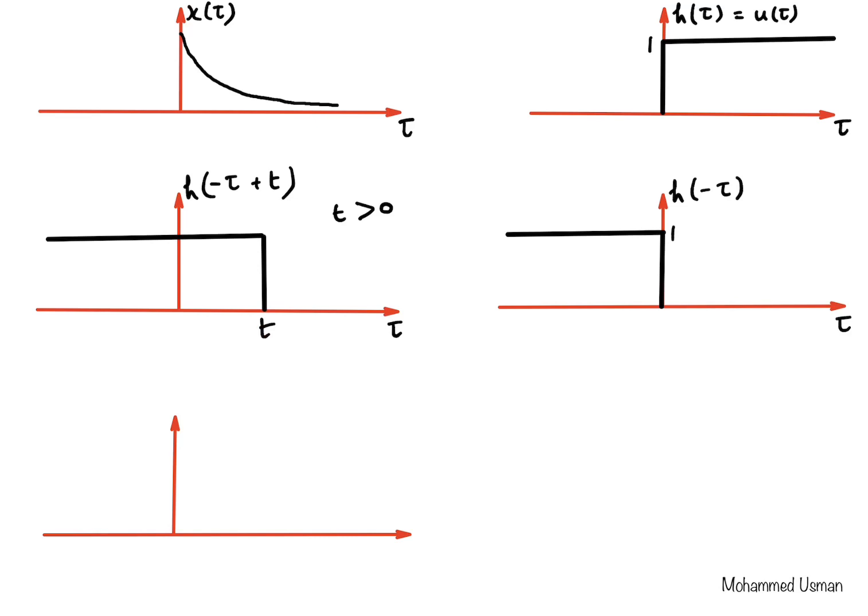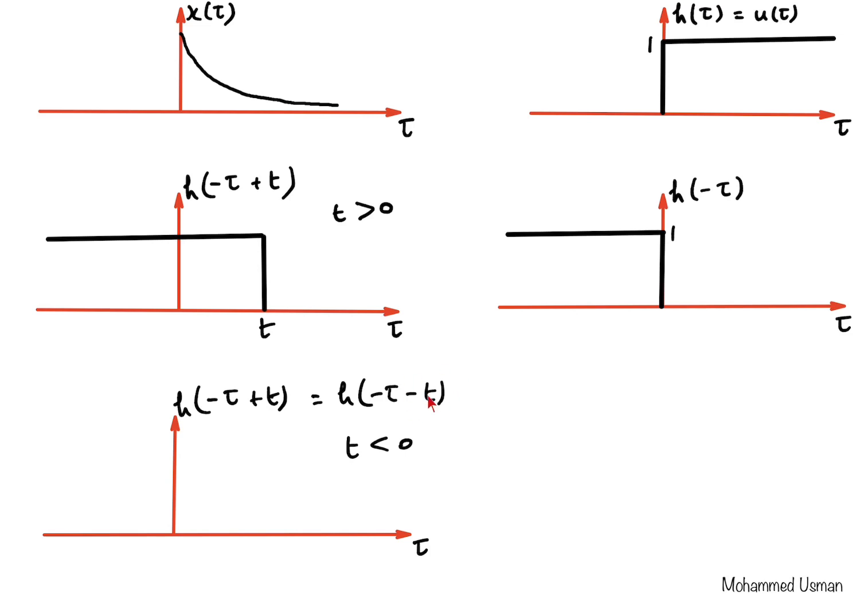Okay, and similarly, when t is less than 0, we'll have tau and h of minus tau plus t. So when t is negative, this will become h of minus tau minus t, right?